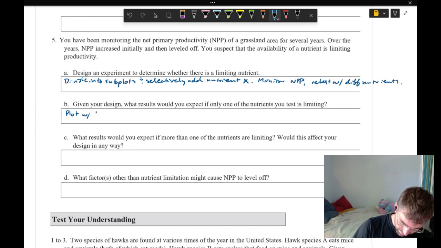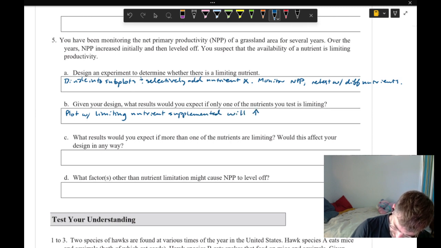Plot with limiting nutrient supplemented will increase net primary production. Others will remain constant.